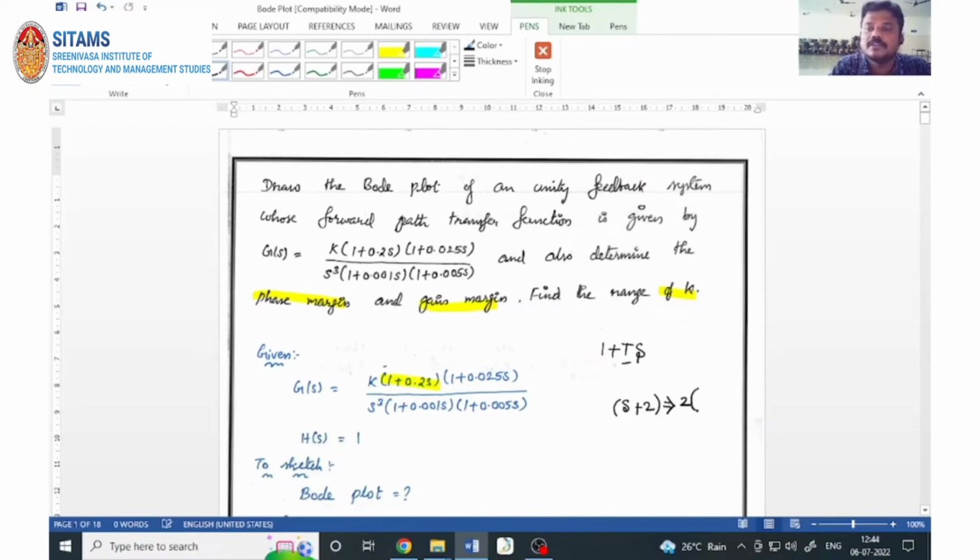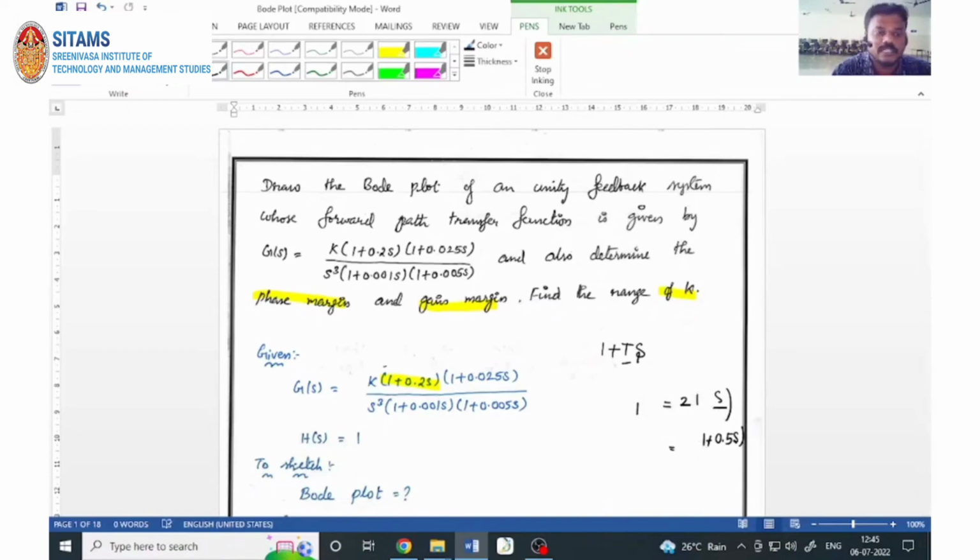So I am going to pick the 2 out, and put 1 plus s by 2. So the equivalent term is 2 into (1 + 0.5s). This is how you have to convert the given transfer function into its equivalent Bode form. This is the first step before entering into the problem.